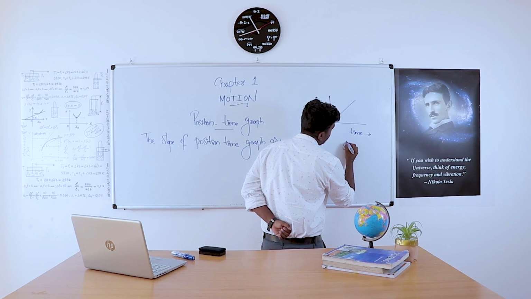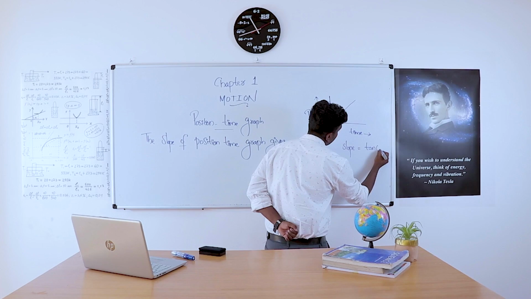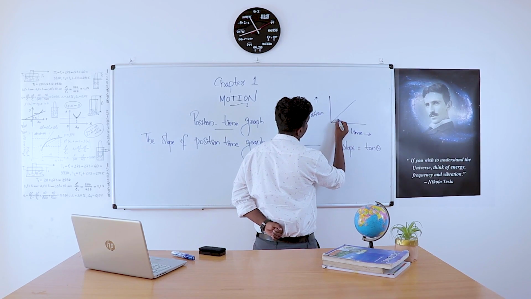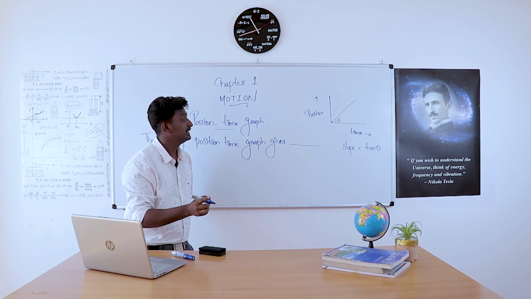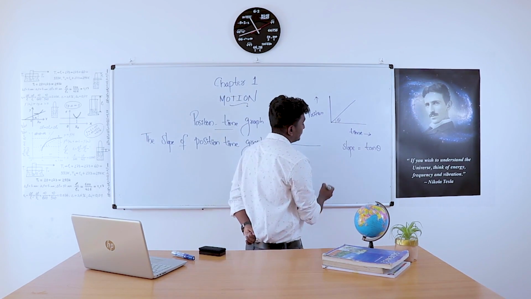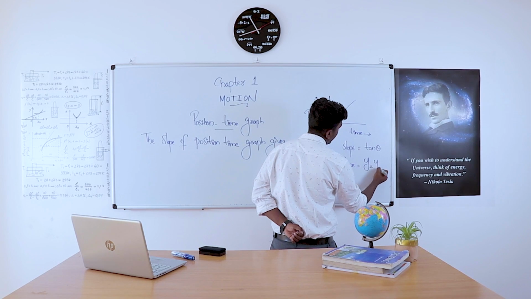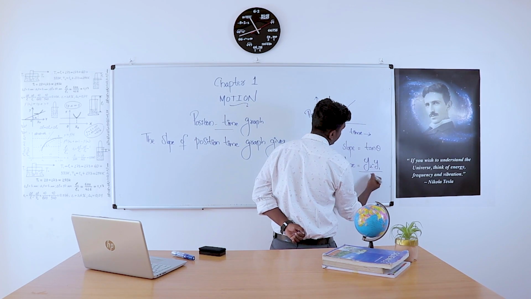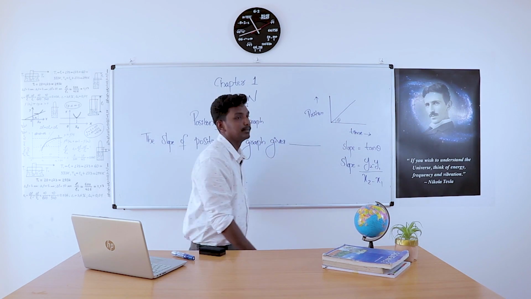We can find the slope of a line simply by taking tan theta. If we mark the angle theta here, then tan theta gives the slope of the line. Otherwise, we have another equation for finding slope. Slope is equal to y2 minus y1 divided by x2 minus x1.